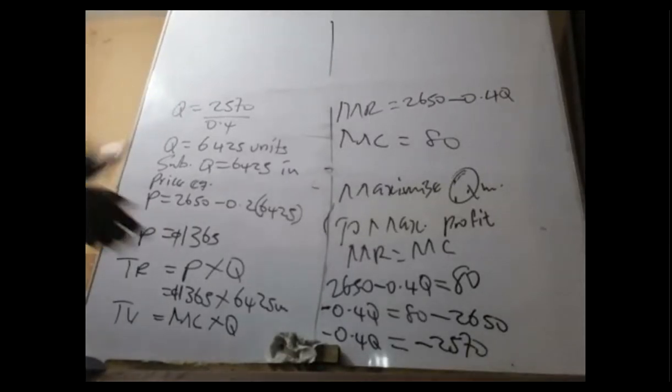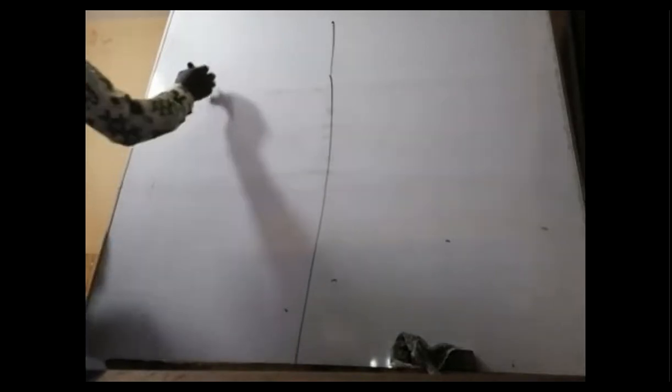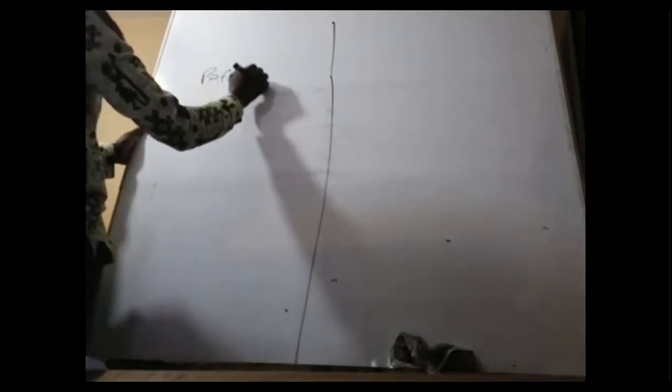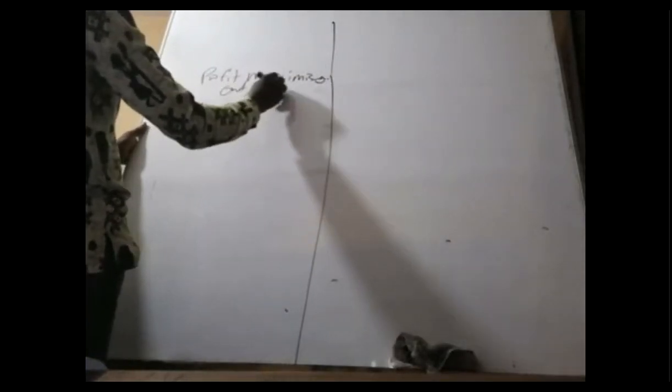First of all, we will look at this. We will start by saying profit maximizing output and what price.